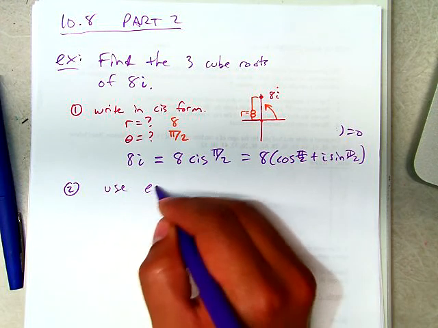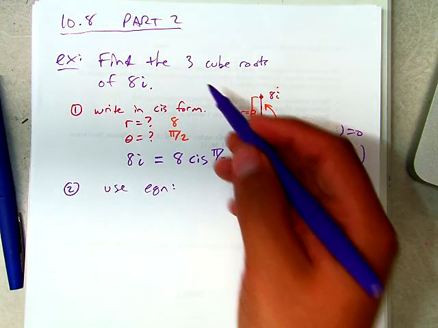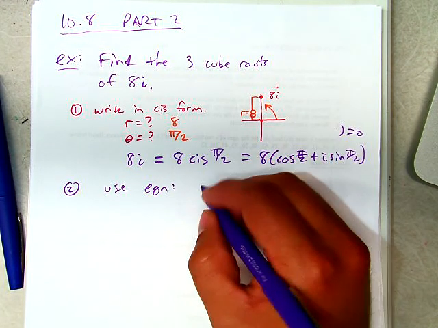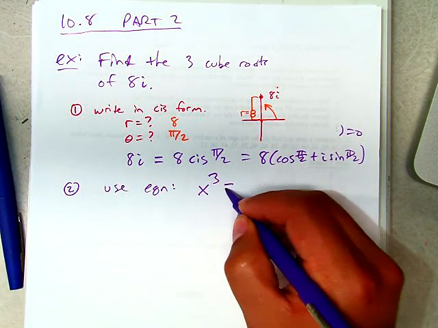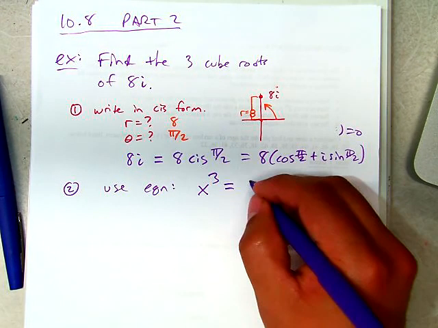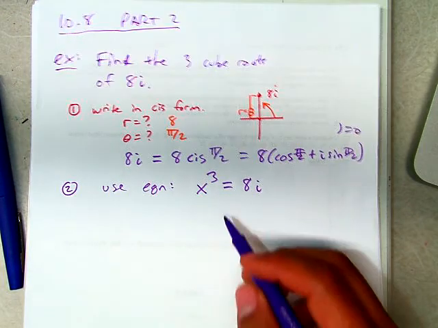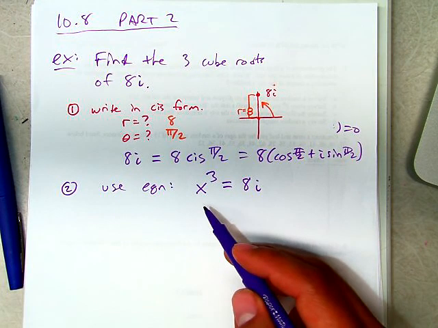Now, second thing, we're going to use the equation. In this case, if I'm looking for cube roots, it'll be x to the third power equals whatever the number is that I'm finding the cube roots of. If we were finding the fourth roots, we would do x to the 4 equals whatever the number is.